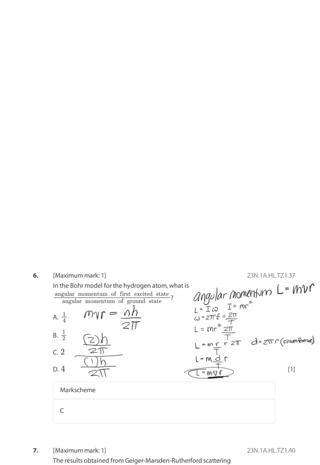And so we're talking about the first excited state over the ground state. Ground state n is 1. First excited state n is 2. And so we have 2h over 2 pi over 1h over 2 pi. And then the h's cancel and the 2 pi's cancel. And I wind up with 2 over 1, which is the answer, choice C, the answer is 2.